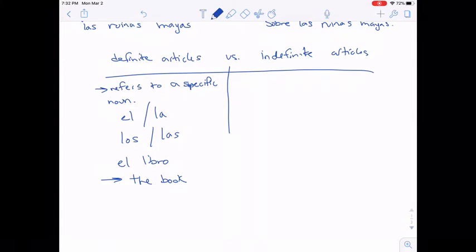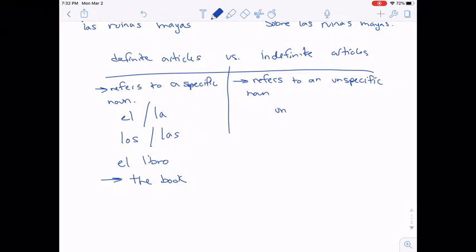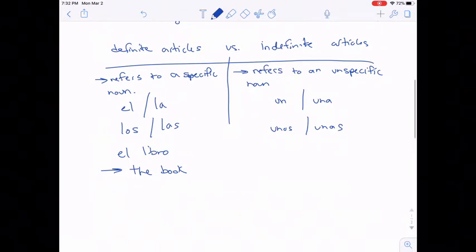Now, if I looked at indefinite articles, it refers to an unspecific noun. Now, that'd be un, una, unos, and unas. So if I said un libro, that would translate to a book.